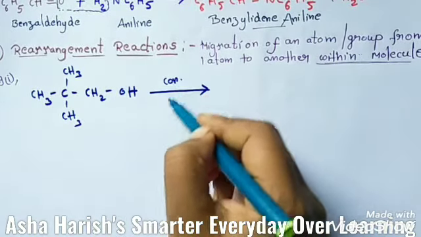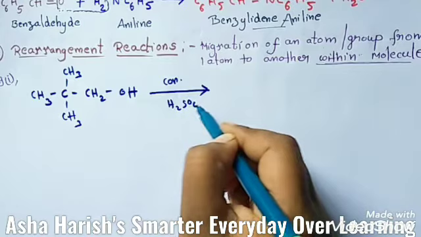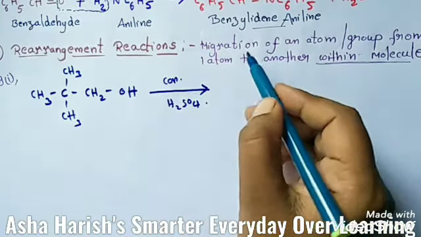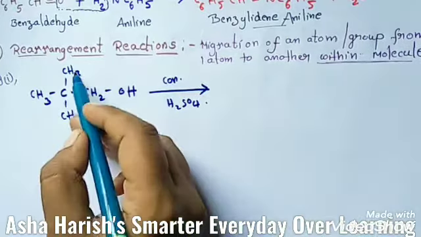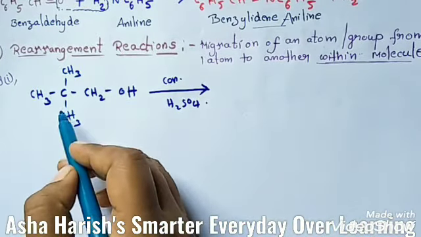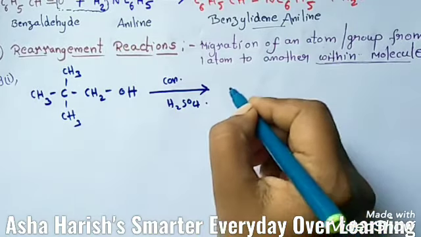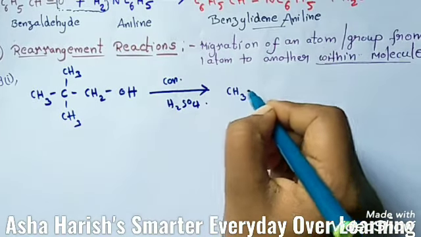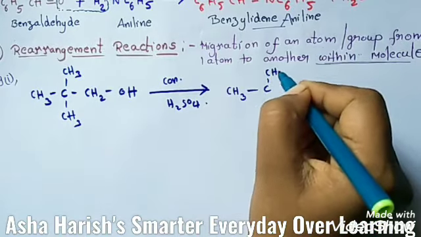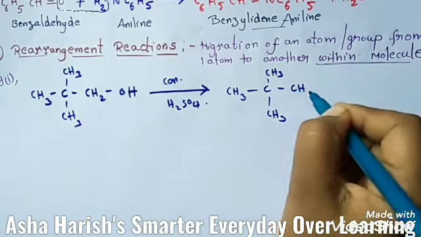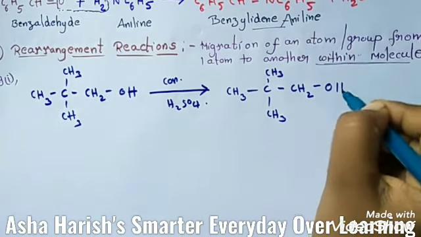So in the presence of concentrated H2SO4, through 1,2 migration of the methyl groups we get the rearranged product, that is CH3, CH3, CH3, CH2, OH2.